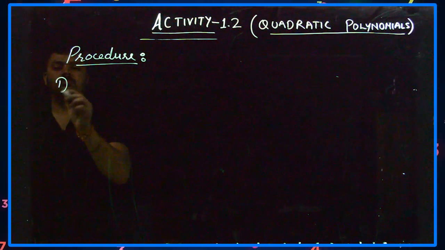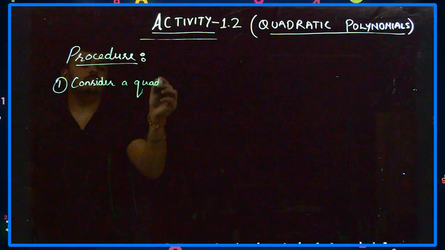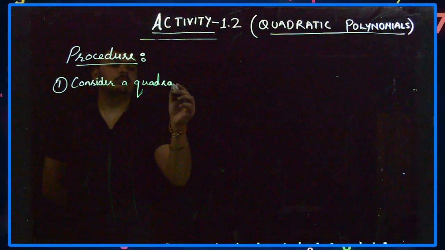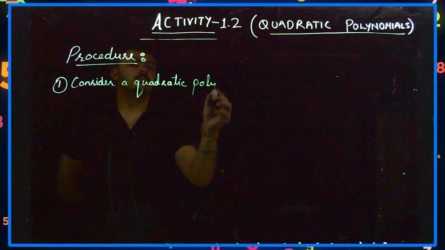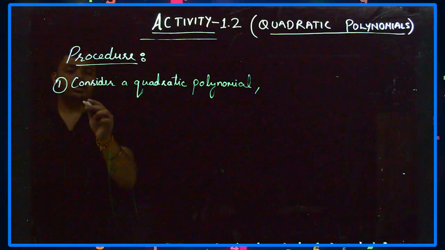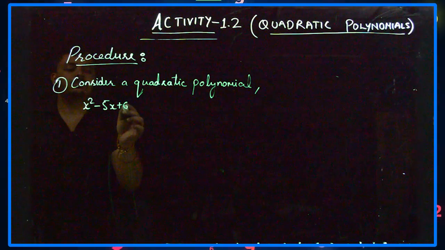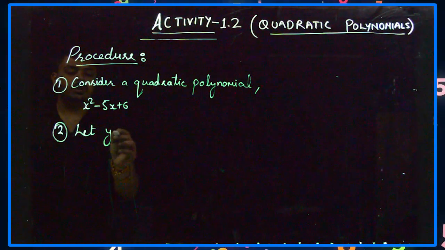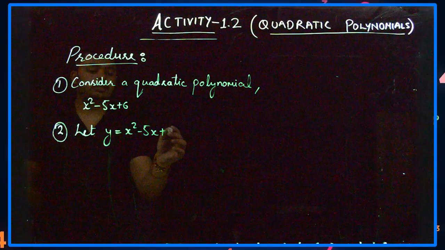Step 1. Consider a quadratic polynomial x square minus 5x plus 6. Step 2. Let y equals x square minus 5x plus 6.